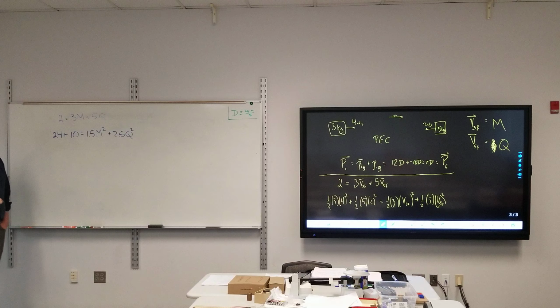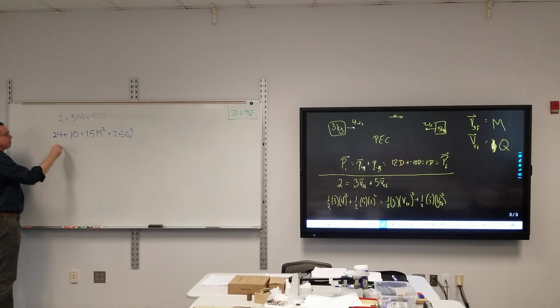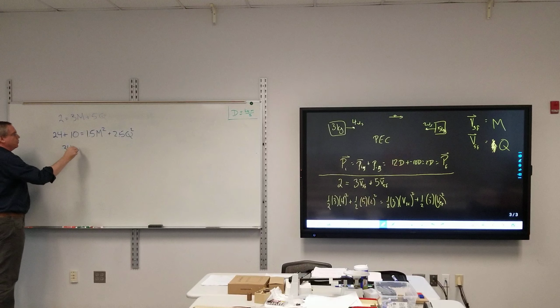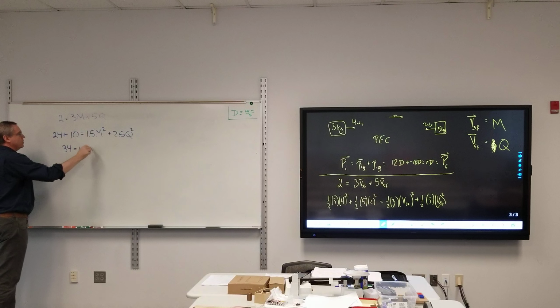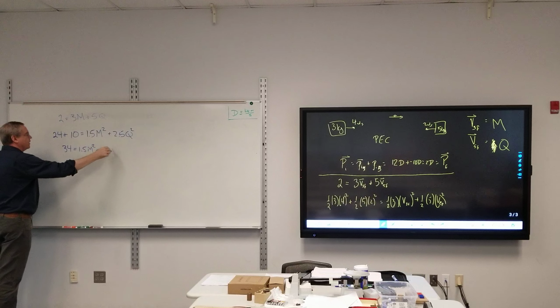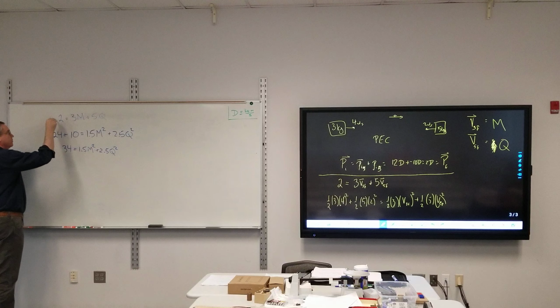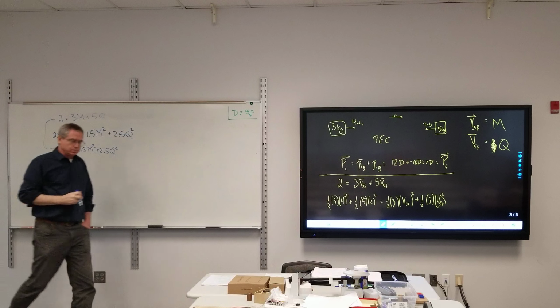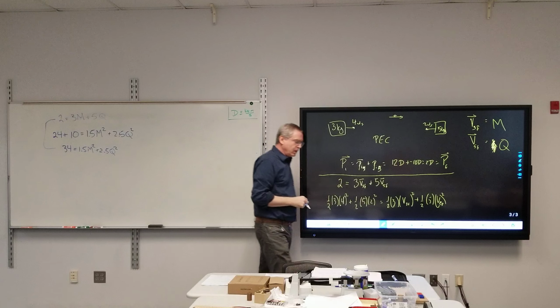Assuming I've not made a careless error. Equals 1.5 m squared plus 2.5 q squared. And so I've got these two equations, two unknowns. How do you solve it?